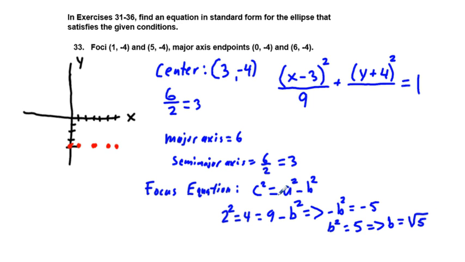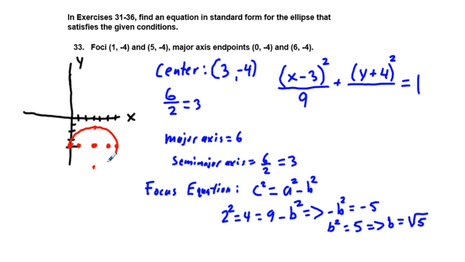And so that's going to be our semi-minor axis length. And if we go up square root of 5, that's going to be about 2.25. So we would mark it up 2.25 and down 2.25. So our ellipse is going to be looking like this.